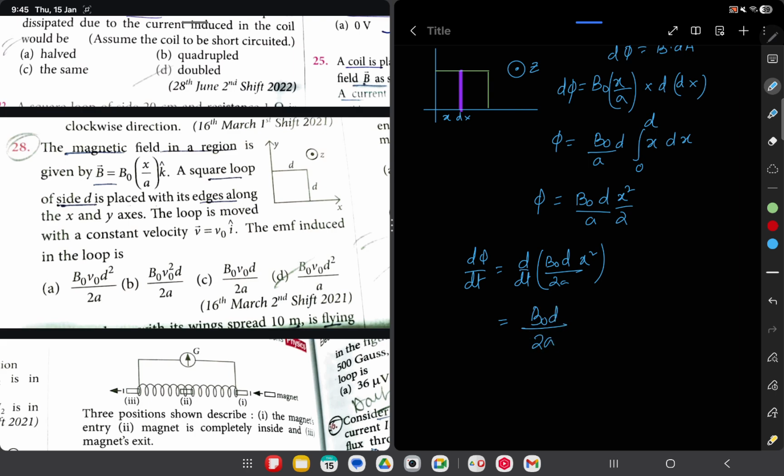So d by dt of x square is dx by dt, that is v into 2x, and the x limit is how much? For this side it is d, and the difference between this side is d, so you will put a limit 0 to d, you will be getting d. The 2 gets cancelled out, so you are getting option 4 as your answer, B naught v square d by a.